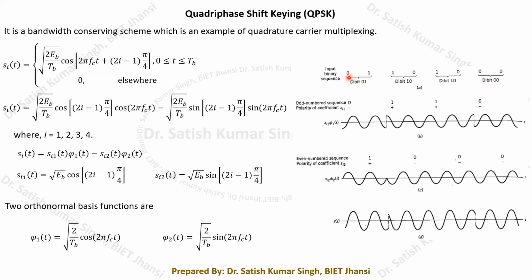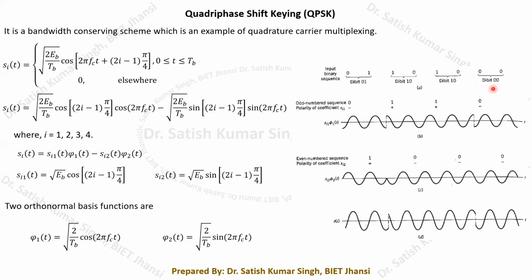Let us say our sequence is 0 1 1 0 1 0 0 0. I take the first two bits as a dibit, 0 1. Then another dibit is 1 0, another is 1 0, and the last dibit is 0 0.